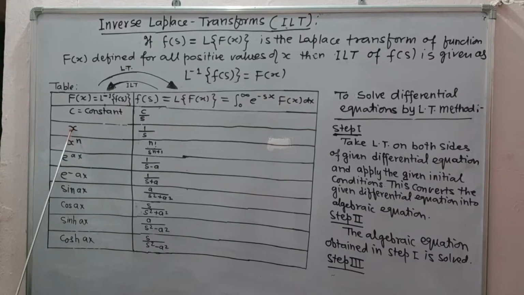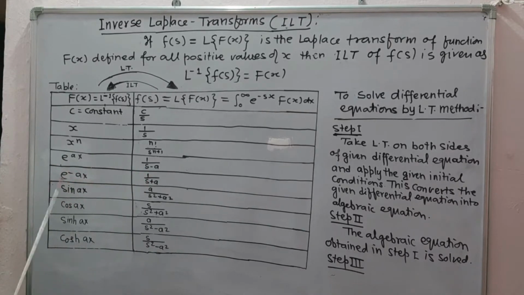Similarly, Laplace transform of x is 1 upon s squared. Laplace transform of x to power n is factorial n upon s to power n plus 1. Laplace transform of e to ax is equal to 1 upon s minus a. Similarly, Laplace transform of e to minus ax is equal to 1 upon s plus a.